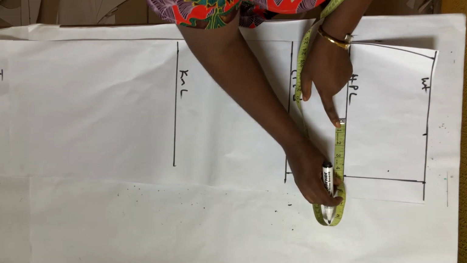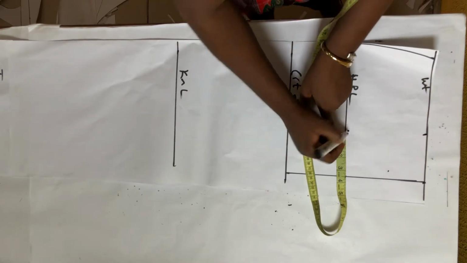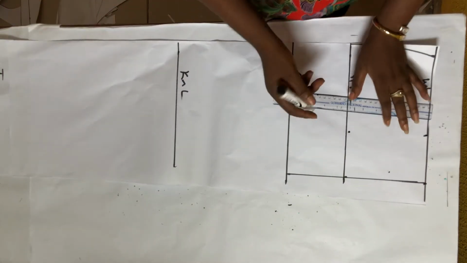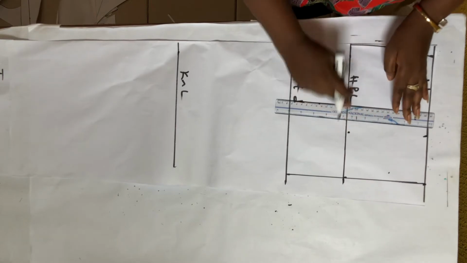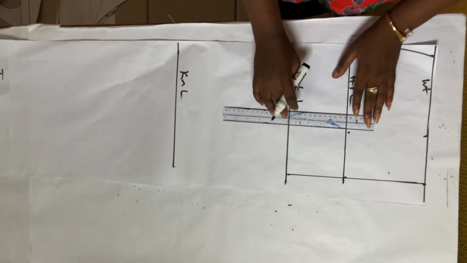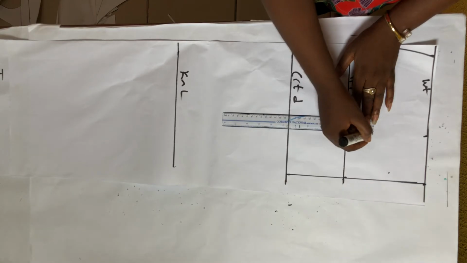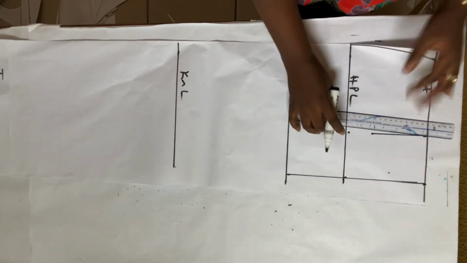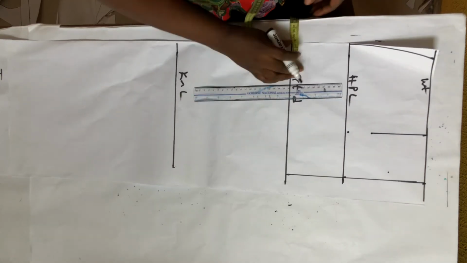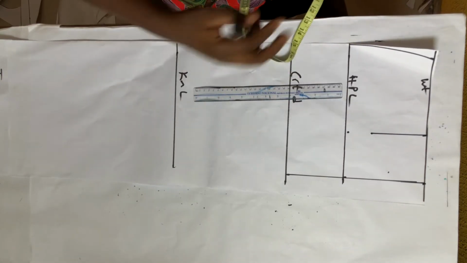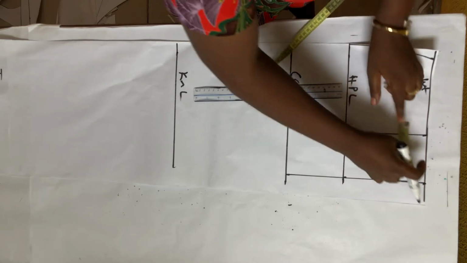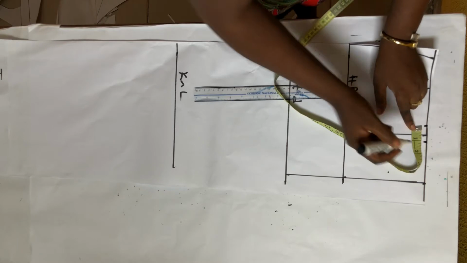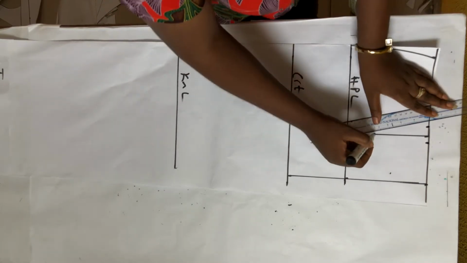On the hip line, I'll measure 3.5 also. The dart for my front is going to stop 2 inches before my hip line. So I'm going to measure 2 inches here. Then draw the dart. The size of my dart is 1 inch. I'm going to put 0.5 on this side, 0.5 on this side, and draw my dart.